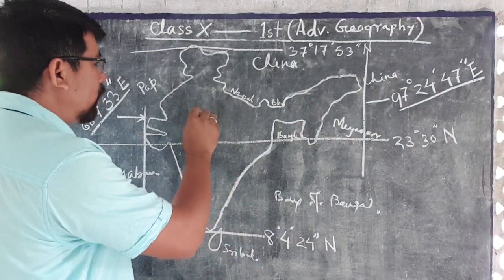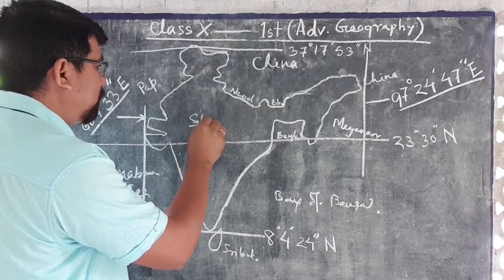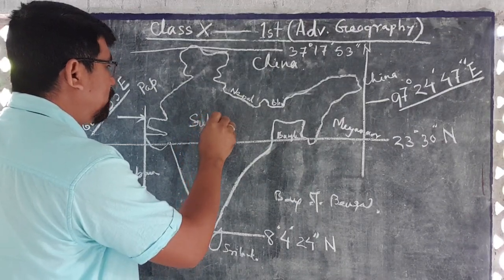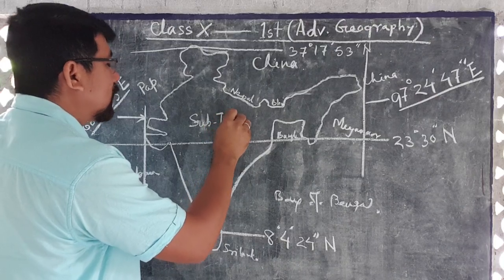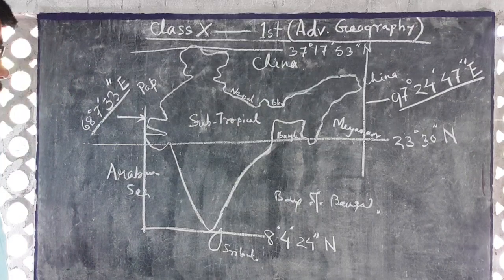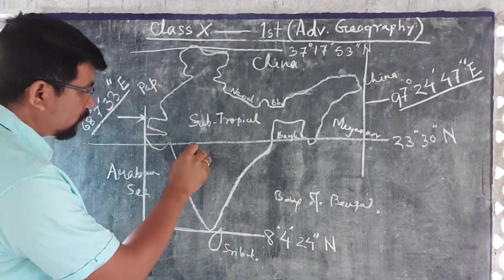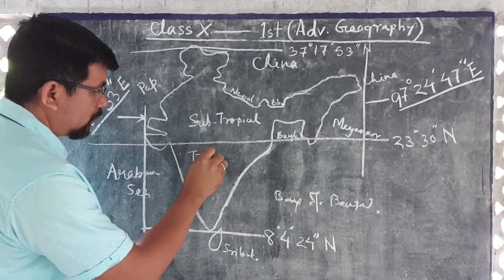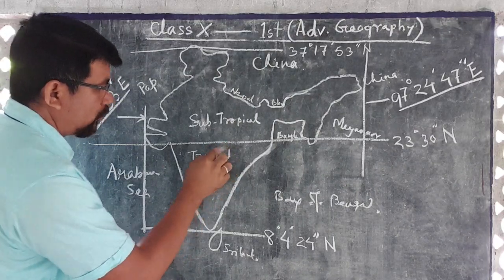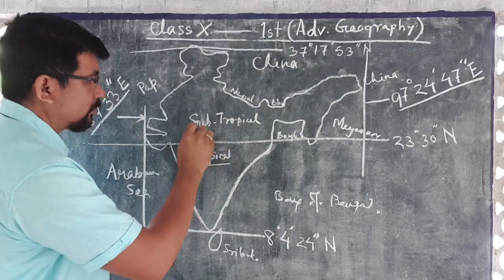Northern part is known as subtropical region, and southern part is known as tropical region.